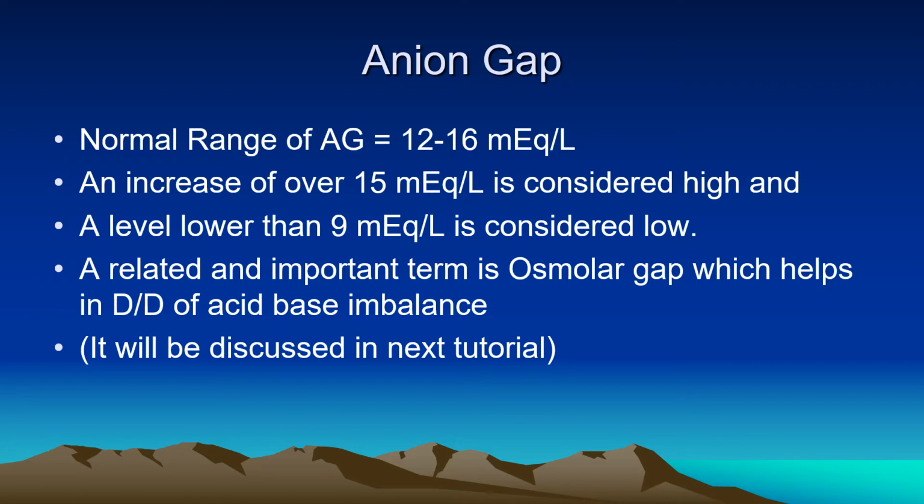Here I will be discussing mostly the higher anion gap because it has greater clinical significance. A related term is osmolar gap, which is also important in the assessment and evaluation of metabolic disturbance in the form of acid-base imbalance, and this will be a separate presentation in coming time.